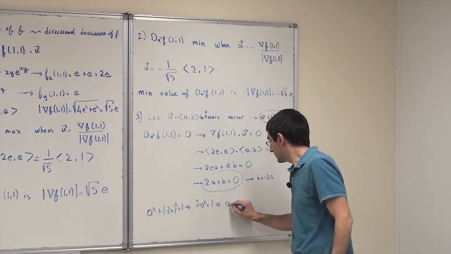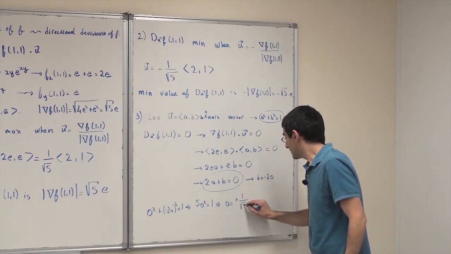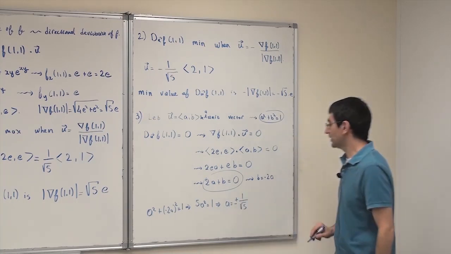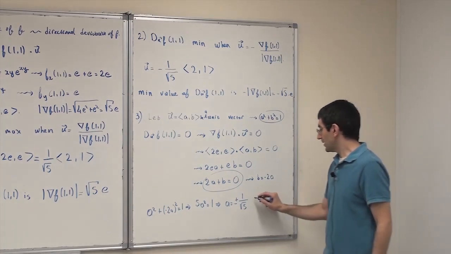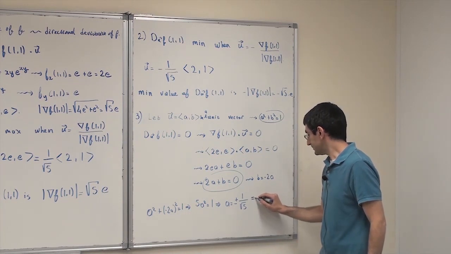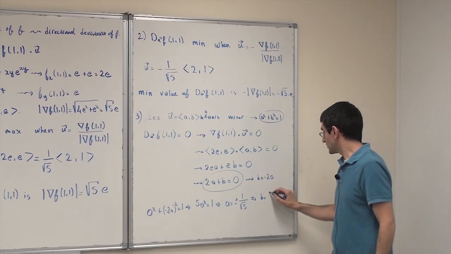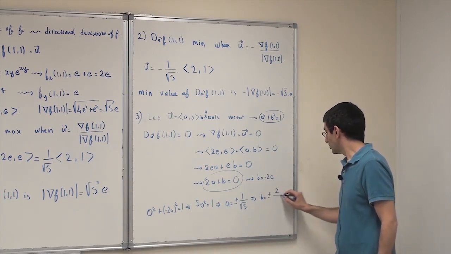And from this, we find that a is equal to either positive 1 over root 5 or negative 1 over root 5. And from that, b is negative 2 times that, so it's plus or minus 2 over root 5.